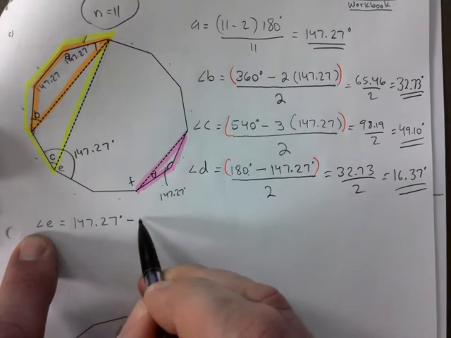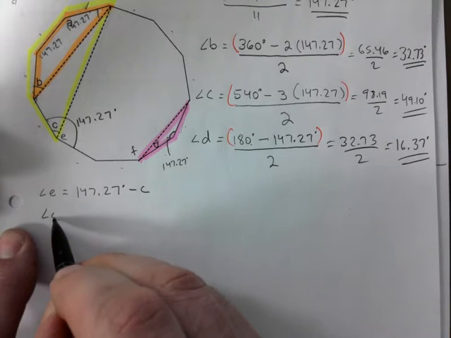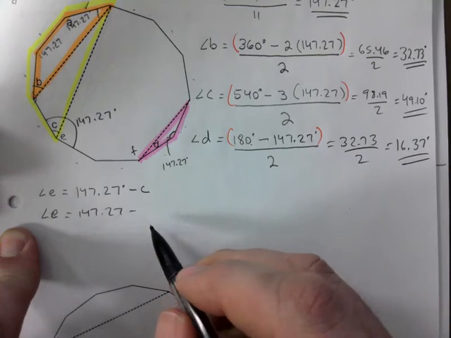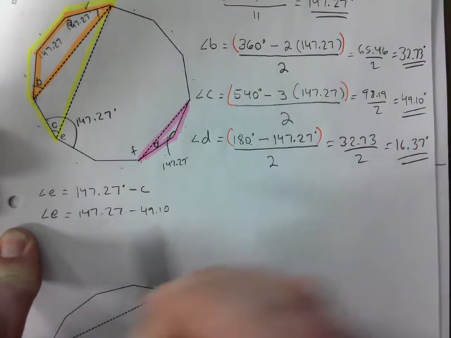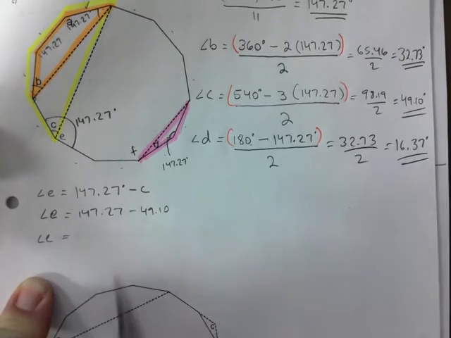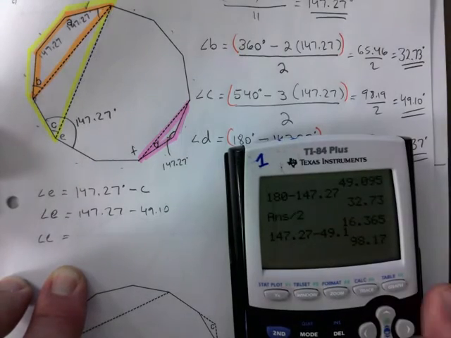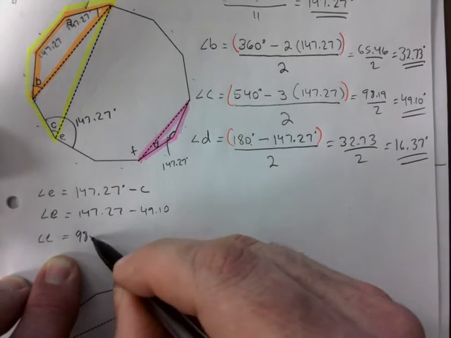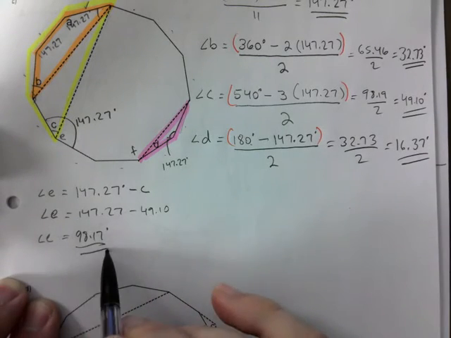So I'm just going to take angle C away from it, and then I'm left with E. I hope that makes sense. C here is 49.10, so E is 98.17 degrees.